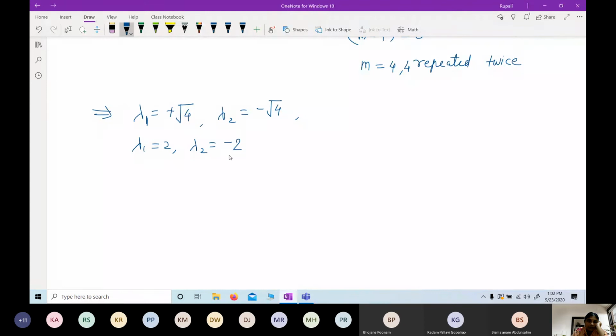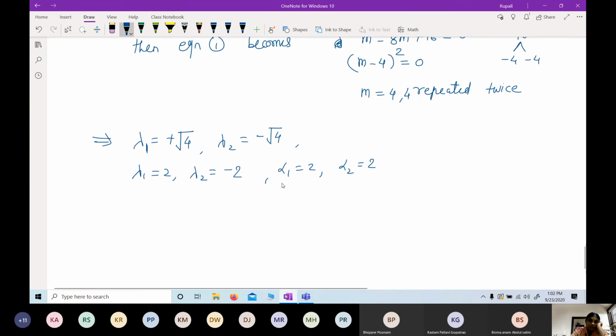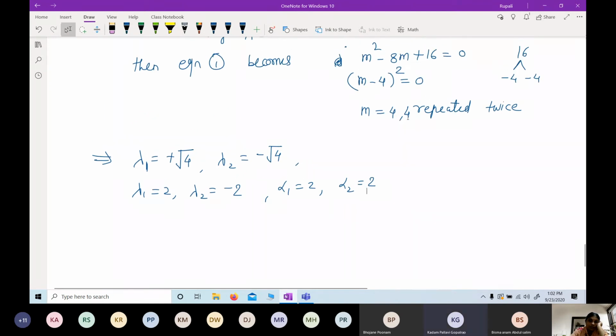So 2 is repeated twice, and minus 2 is repeated twice. Is that okay? Because 4, 4 repeated twice I have written, so I will write it only one time there. Yes.